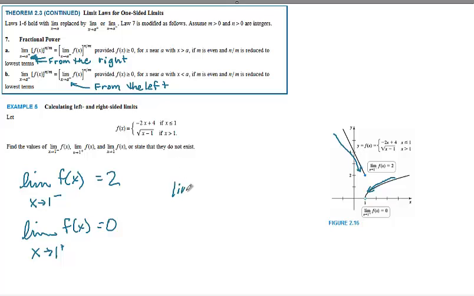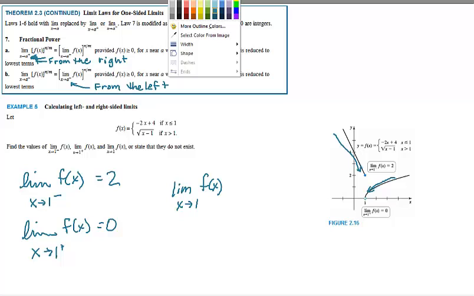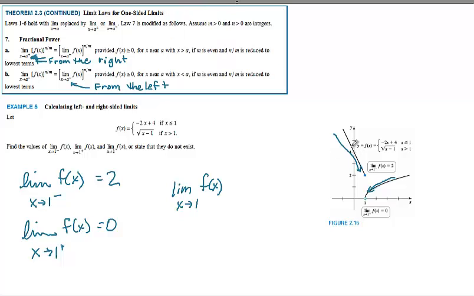For the limit to exist, those numbers in the neighborhood around that 1, x is going to 1, must all be going to the same point, and they're going to 2 different points.